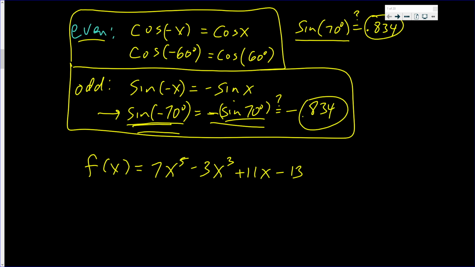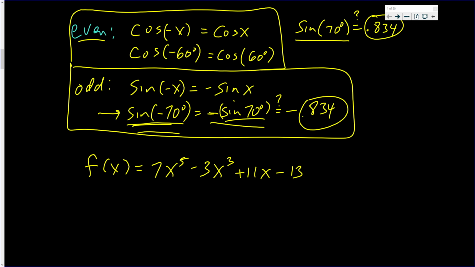Well, there's a couple of things you need to know. First of all, if all the exponents on x are odd in a polynomial, then it's an odd function. And if in a polynomial all the exponents are even, then it's an even function. If they have both odd and even, then it is neither.